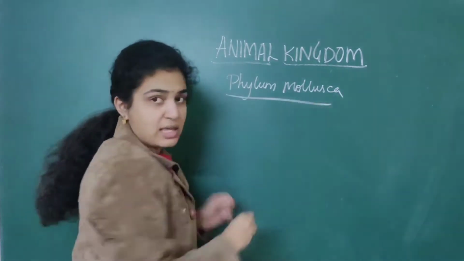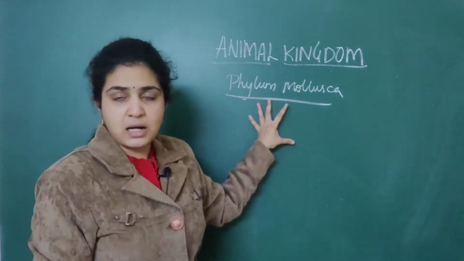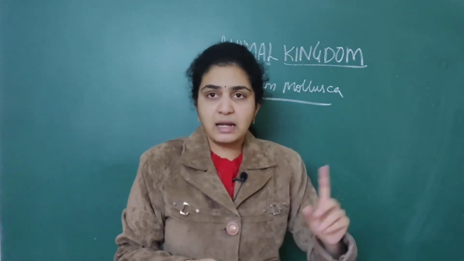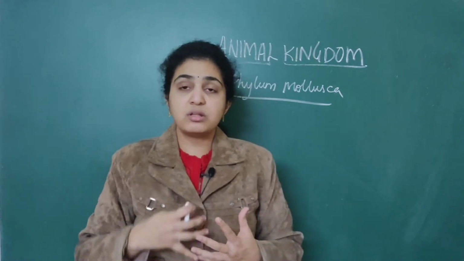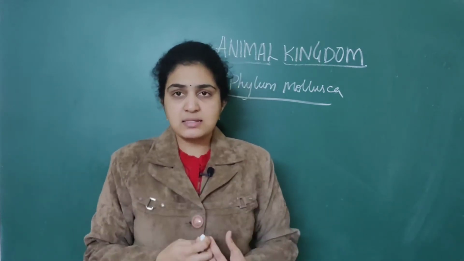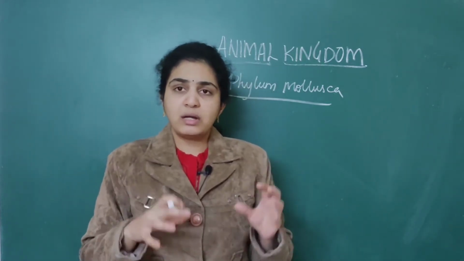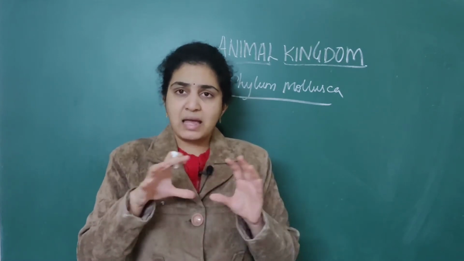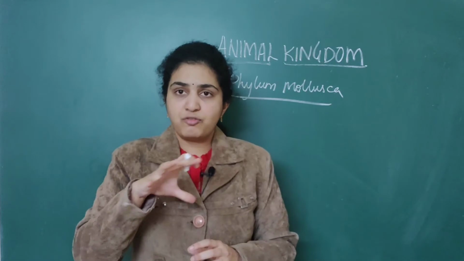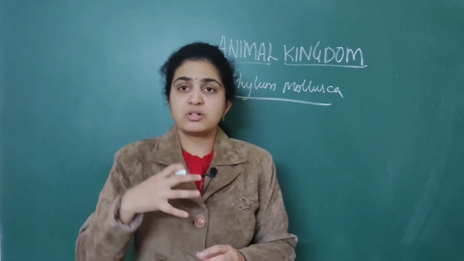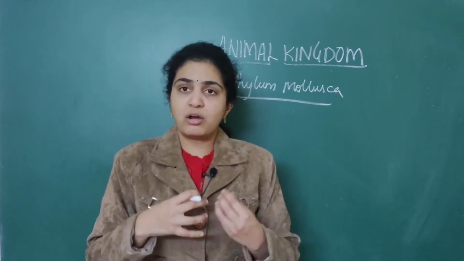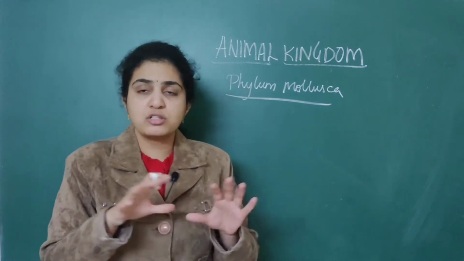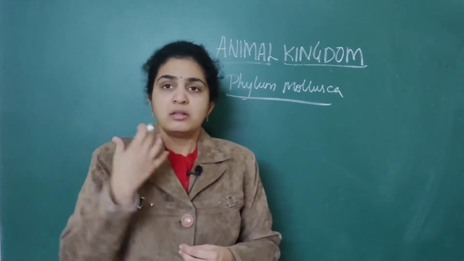in the phylum Mollusca, this is the second largest phylum. Second largest means on the basis of the number of species, it is the second largest one. First one is Arthropoda. Maximum in our whole universe, arthropods, that is insects and all which come under arthropods, contribute to the majority.